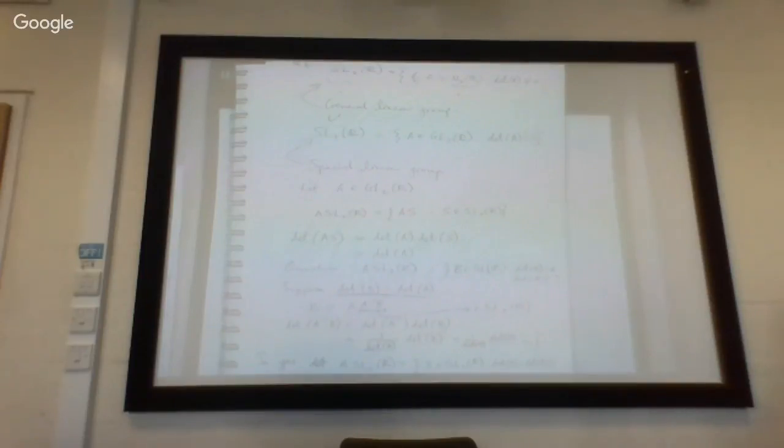You can get any number, because this matrix has determinant X. So whatever number you care to mention, there's a matrix with that determinant. So there'll be an infinite number of these cosets. So SL2R has infinite index in GL2R.